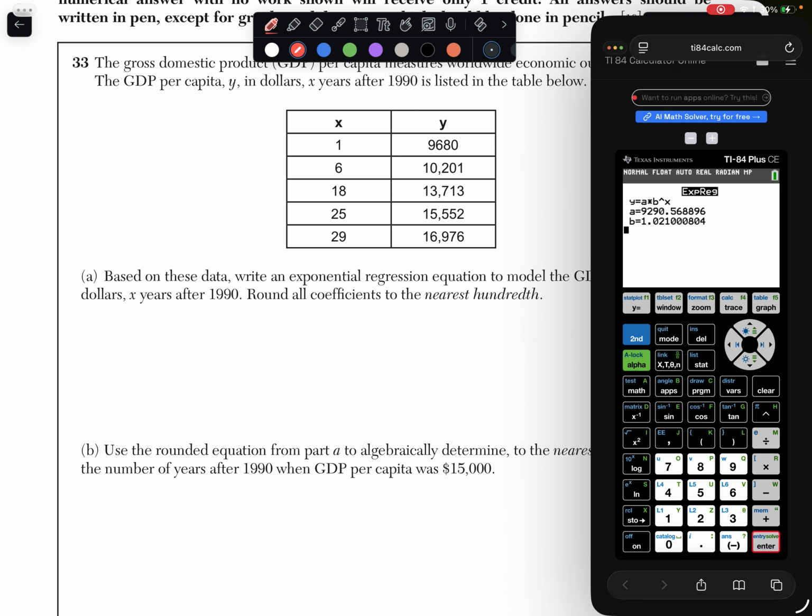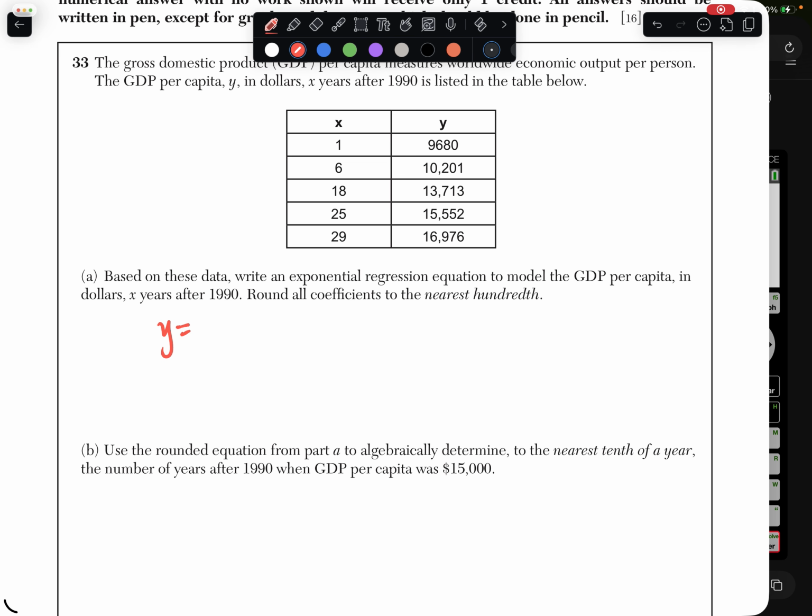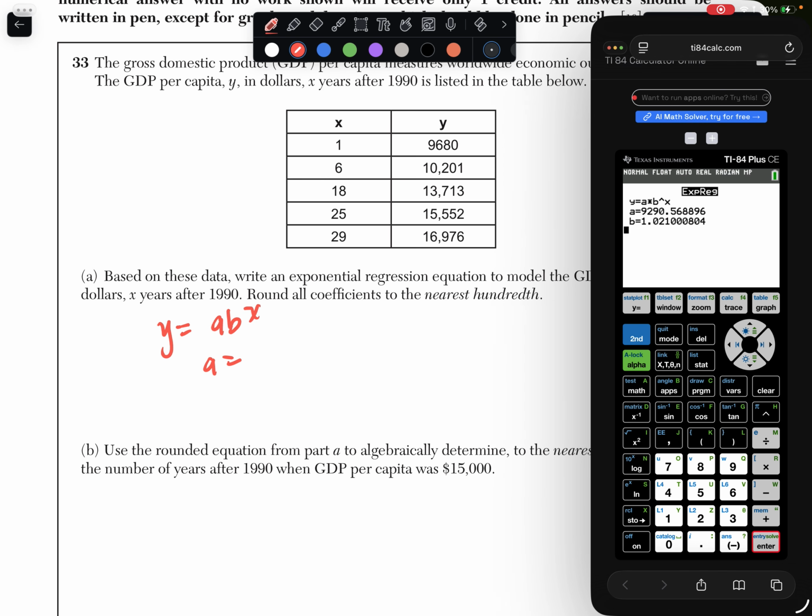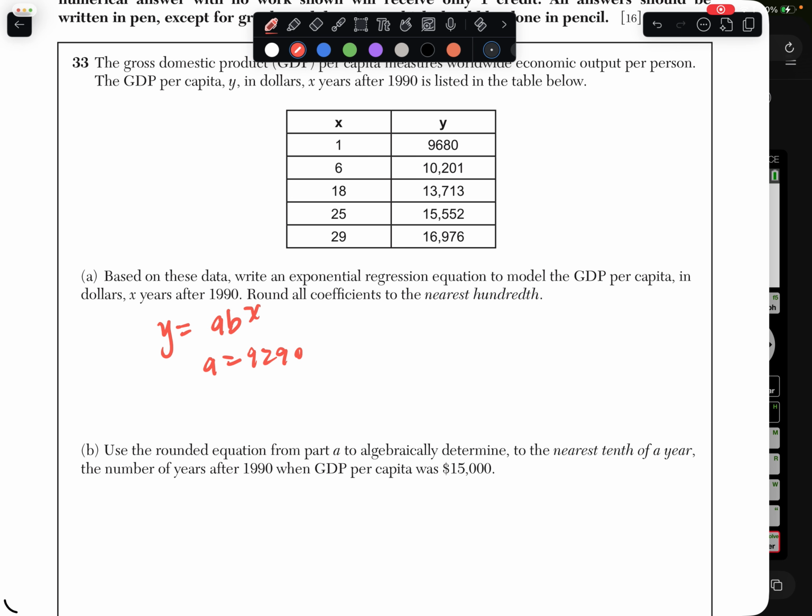Now, the equation they're going to give us is y equals a times b to the x, and it says round to the nearest hundredth, so a is 9290.57 and b is 1.02. So that means my equation is going to be y equals 9290.57 times 1.02 to the power of x.